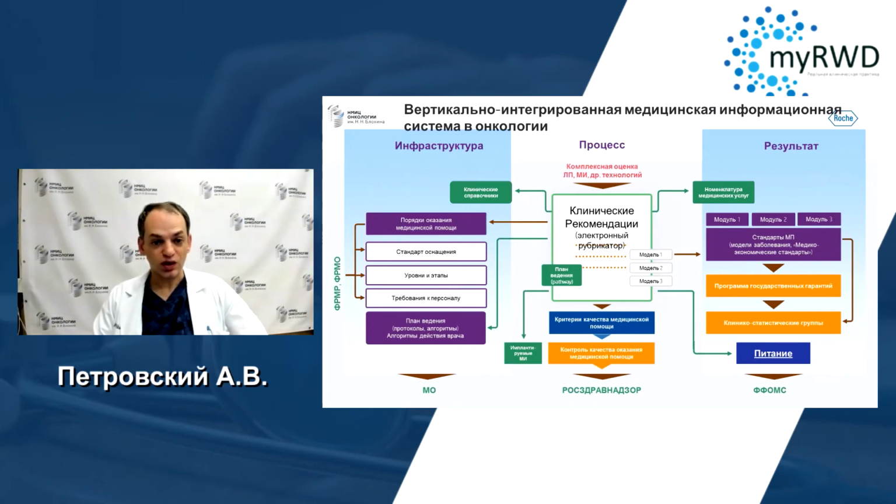So in order to improve the general understanding of what is going on in real life in oncology, we had this idea about 2 years ago and started implementing it. This is the so-called vertical integrated information medical system in oncology. As the basis of everything are clinical guidelines and also data from the federal classificator of medical studies, the classificator of medical organizations, and the classificator of employees, HCPs.